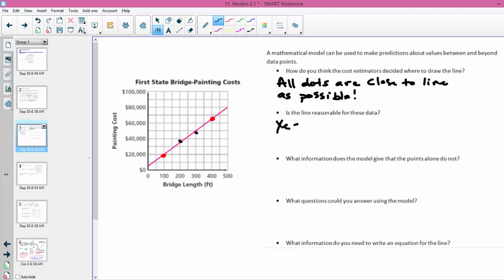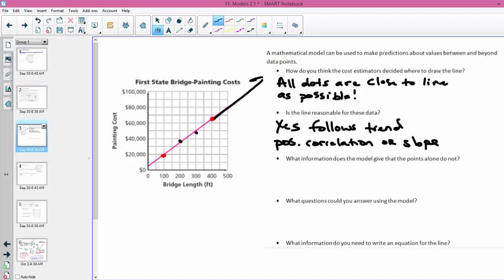It does follow the trend of the data. And another word for slope is correlation. So it has a positive correlation. I'll put or slope, because it's going up, up, up, up, up forever, mathematically.